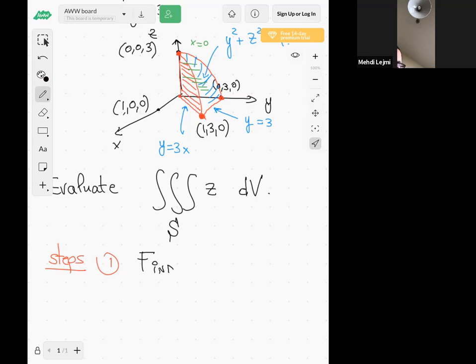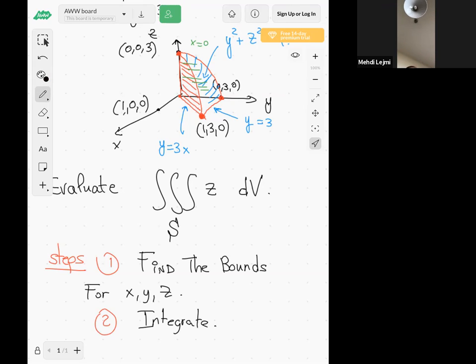First we have to find the bounds for x, y, z, and then you can integrate. Anyway, I'm going to do this next time.